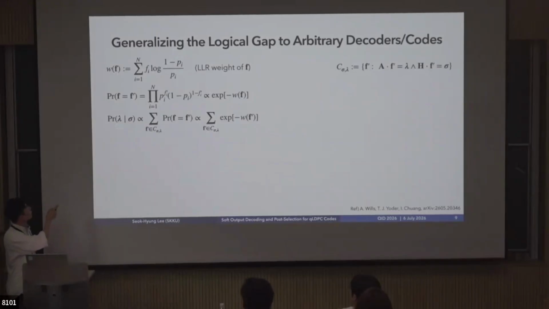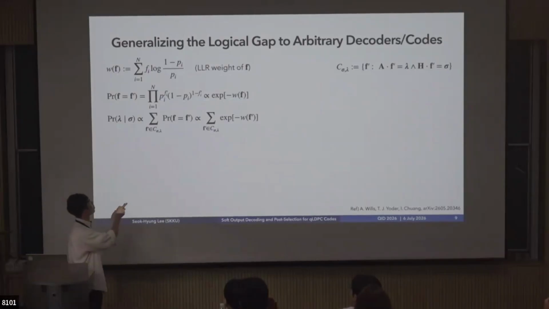And we can easily see that the probability that this fault actually occurs can be written as this formula, which is proportional to the exponential of minus weight.